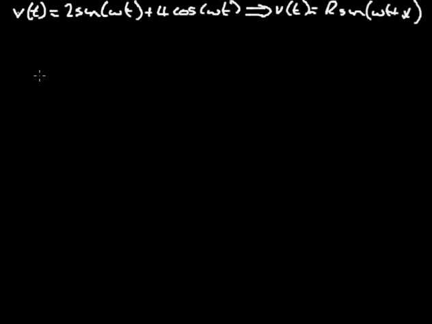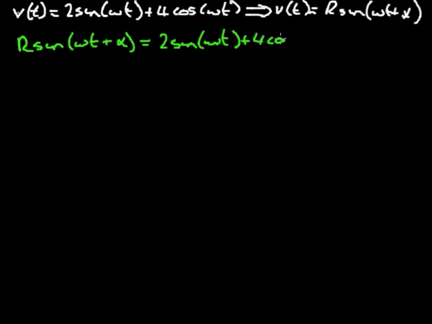Well, first you just equate those two, so I get r sine omega t plus alpha equals 2 sine omega t plus 4 cos omega t.